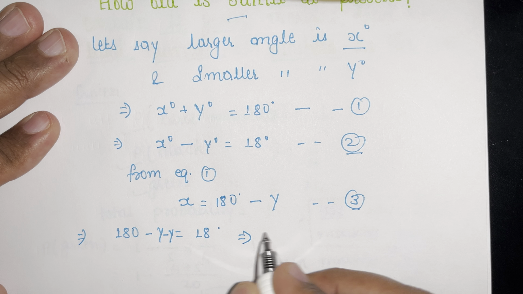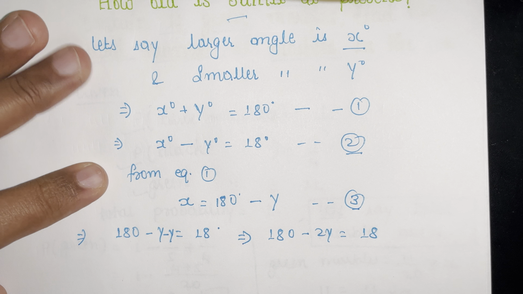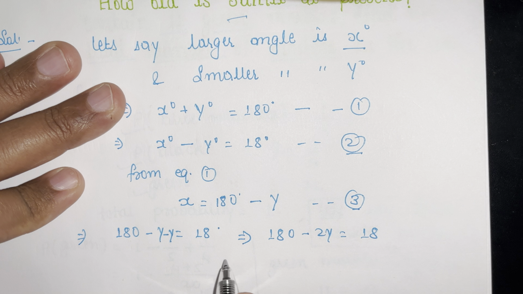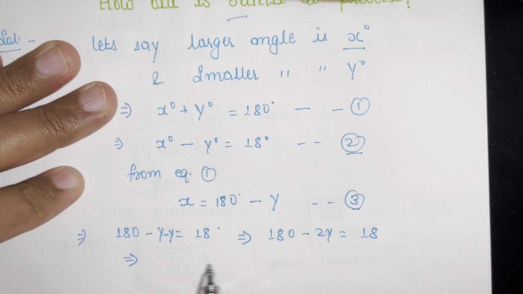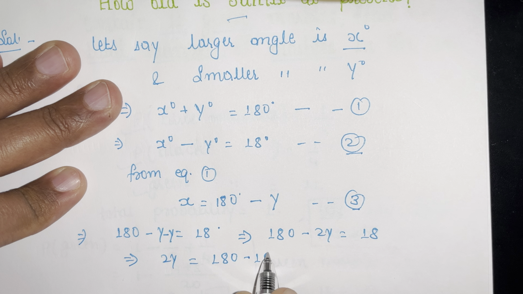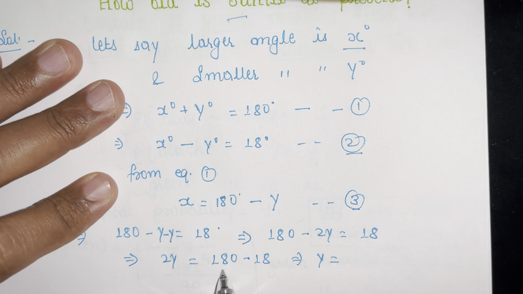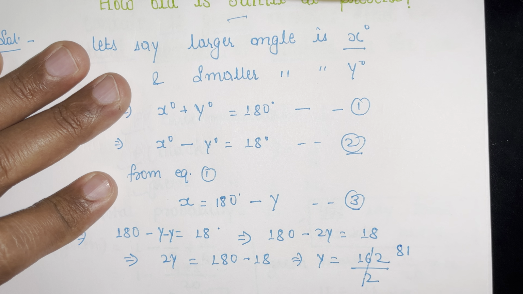If I solve it, you will get 180 minus 2Y equal to 18. Then 2Y equals 180 minus 18. That means Y will be 162 by 2, and by calculating it, you get 81.